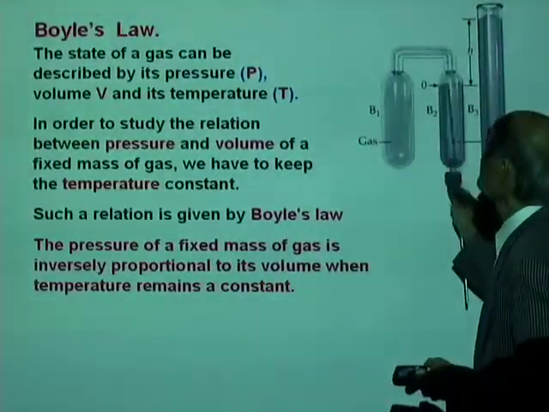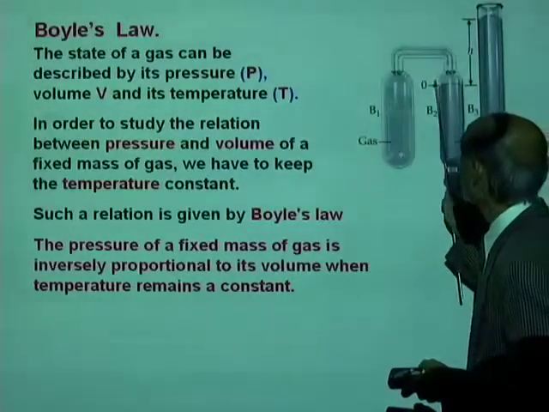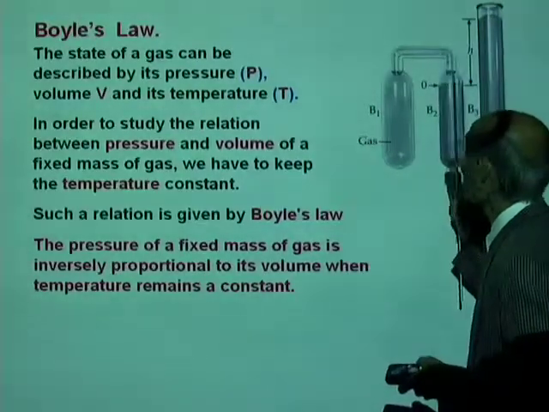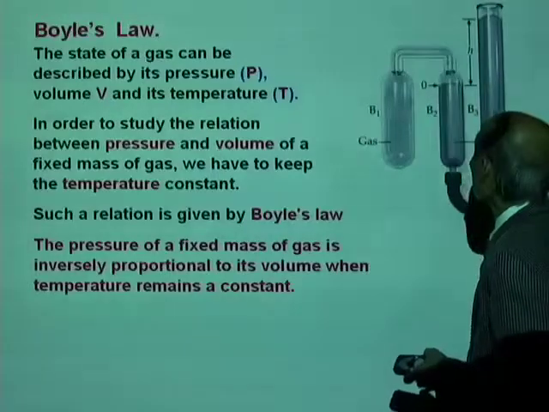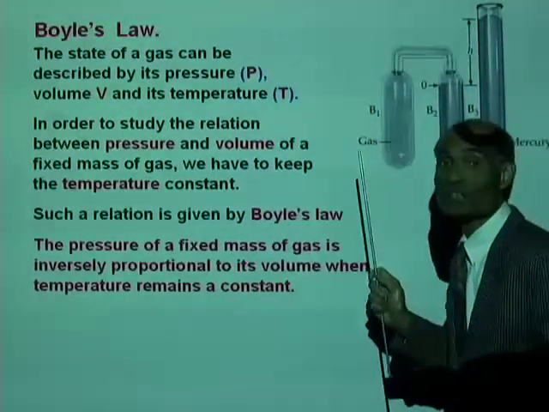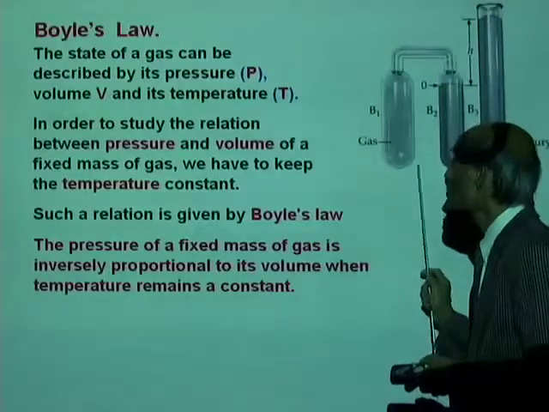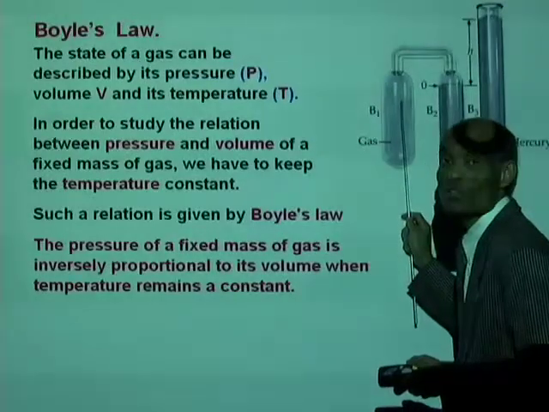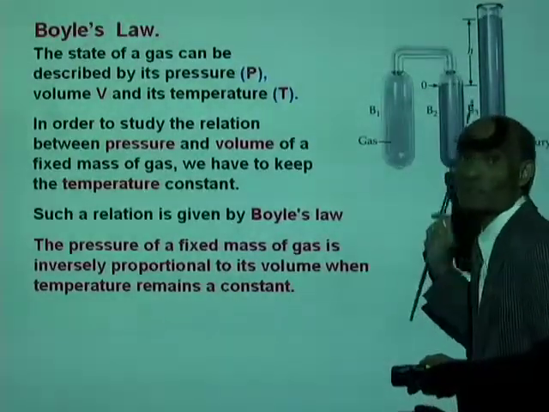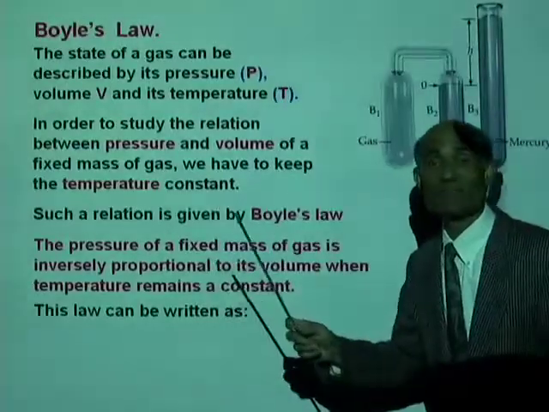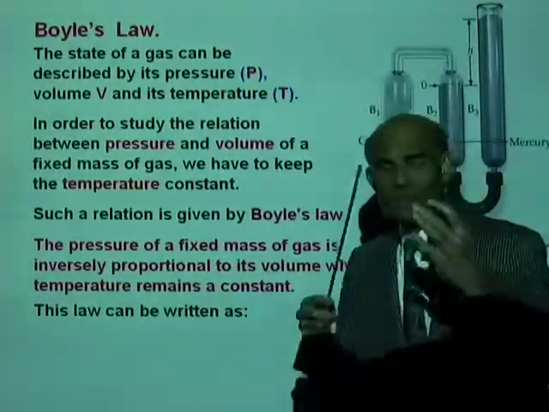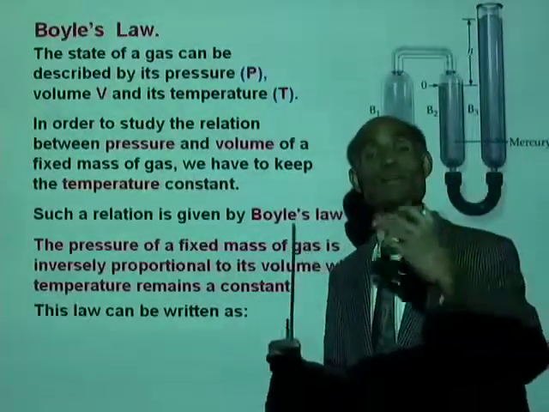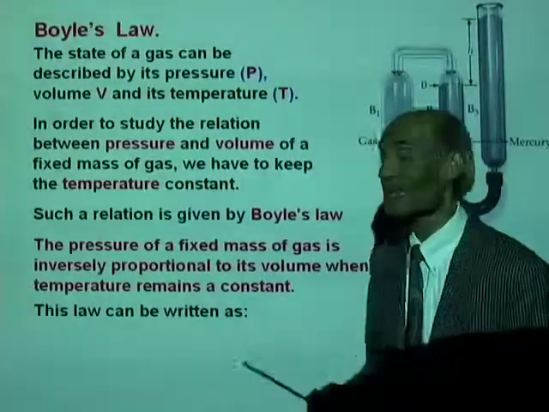If you disregard this fixed point, and if you make markings on this bulb, you can then measure the volume of the gas, and the manometer can measure the pressure and make sure that the temperature of the gas inside is kept a constant. So keep the temperature a constant, measure the volume and pressure, and you can make a study. Well, how do you make a study? You draw a graph of pressure against volume or volume against pressure and see how the change takes place.